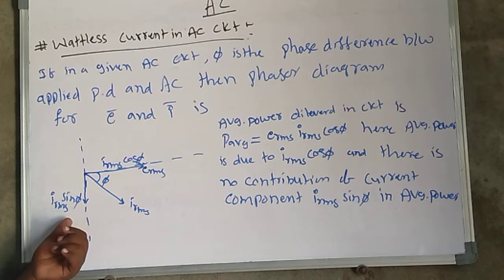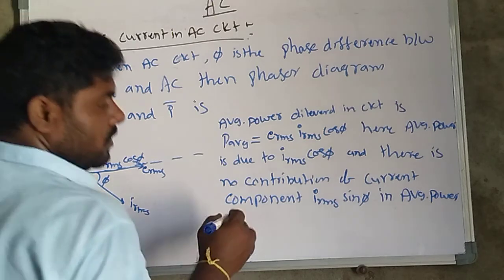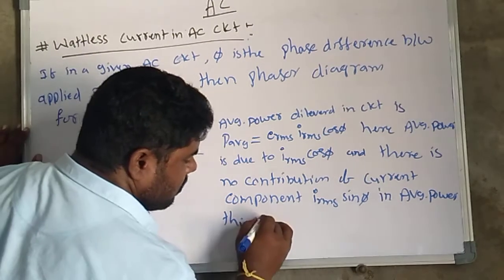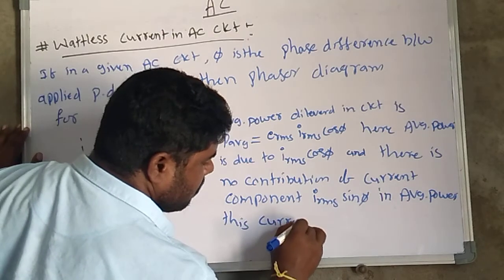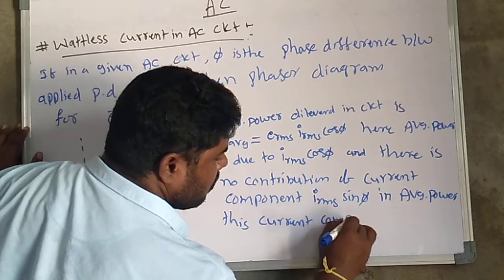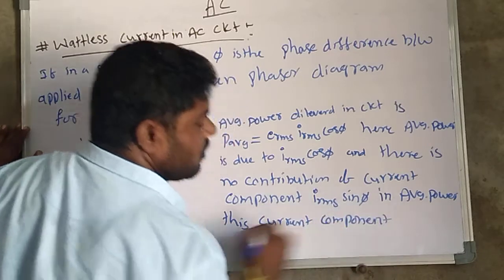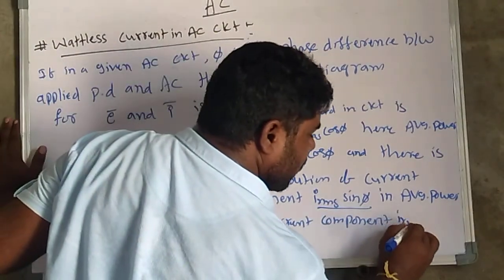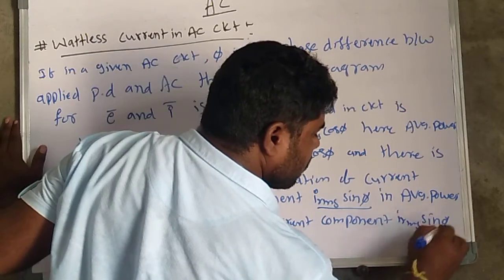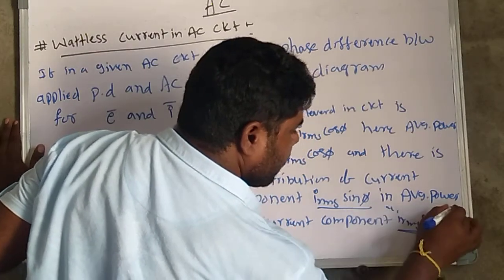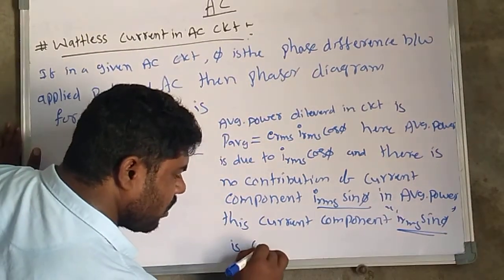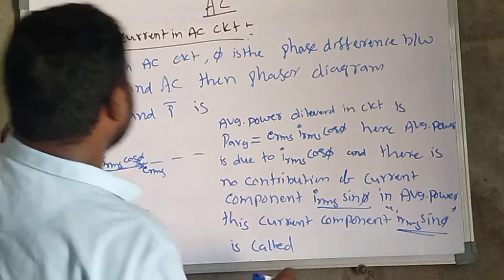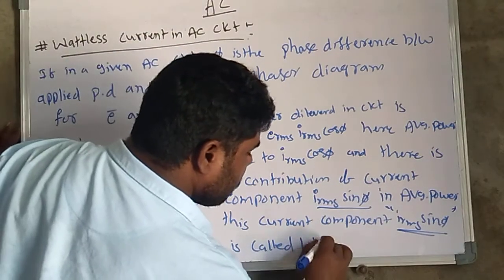This current component, IRMS sin phi, is called wattless current.